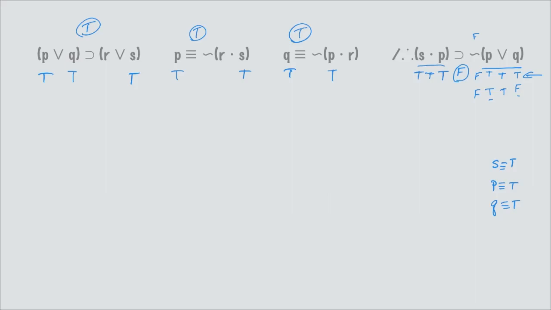So if I start with the first premise, P or Q, true or true is true, which means I don't want this second section to be false. Now in this case, R can be either true or false. It doesn't actually matter. So again, knowing your truth tables, and this is where it's important in the short truth table method, I know that R or S, I want to be true.